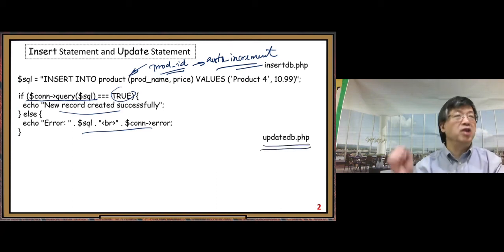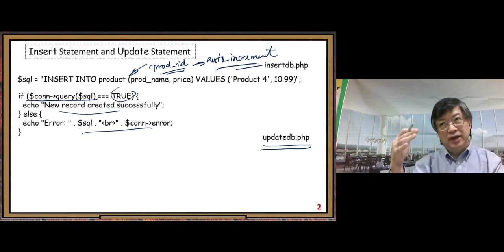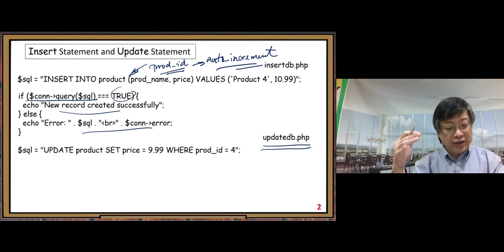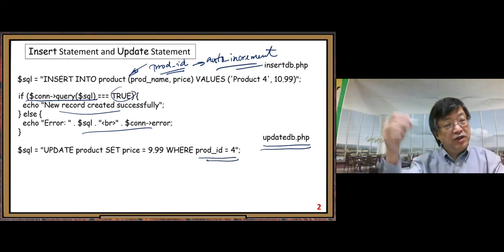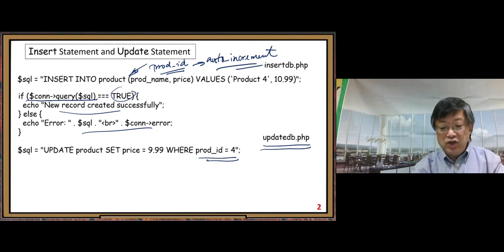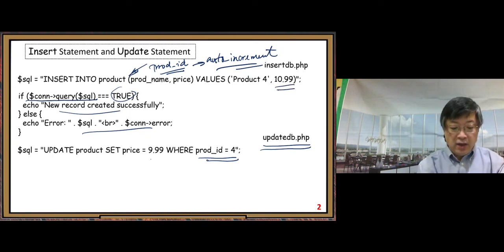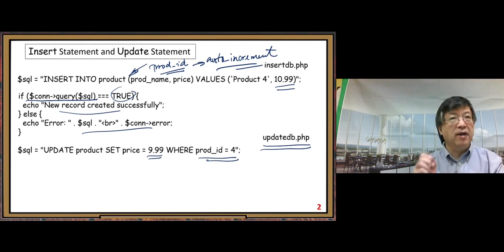Update db.php. We do similar things. First, we define the update statement. Product 4, because after the insertion, it will use the ID, product_ID equals 4. So we change the price number to 9.99.